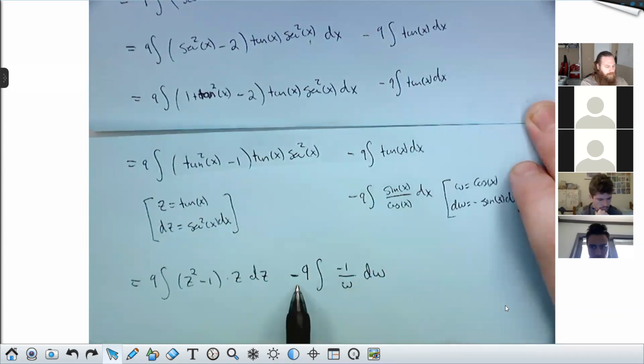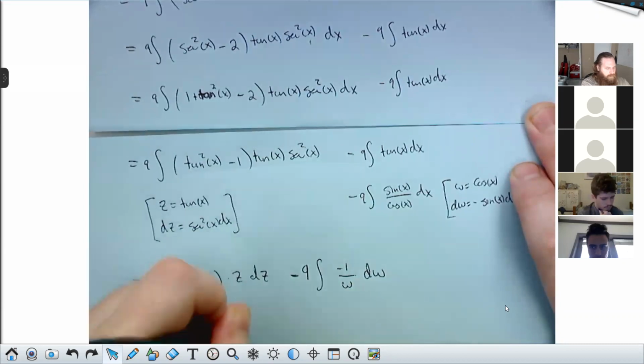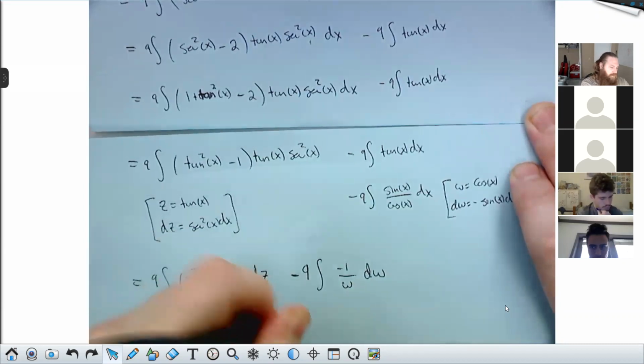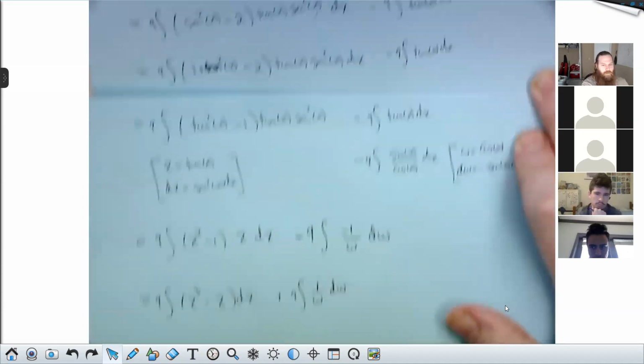This negative can pop out and make this a plus. In the first integral, I can distribute, so I'll have z cubed minus z dz plus 9 integral 1 over w dw like this.